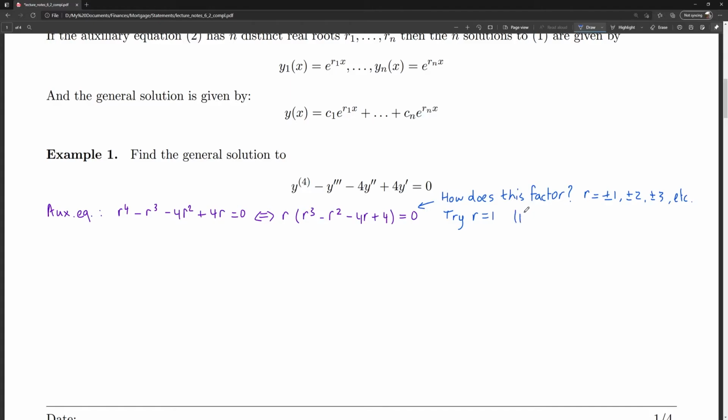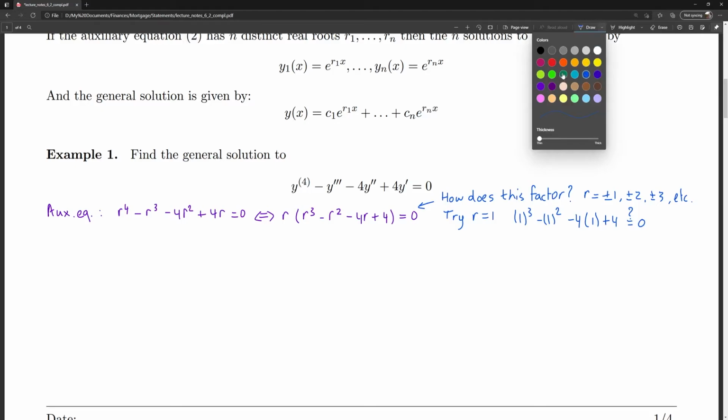And so we get 1 cubed minus 1 squared minus 4 times 1 plus 4. And then the question is, is that 0? And you can verify this is 1 minus 1. That gives you 0, minus 4 plus 4 gives you 0. So that checks out.